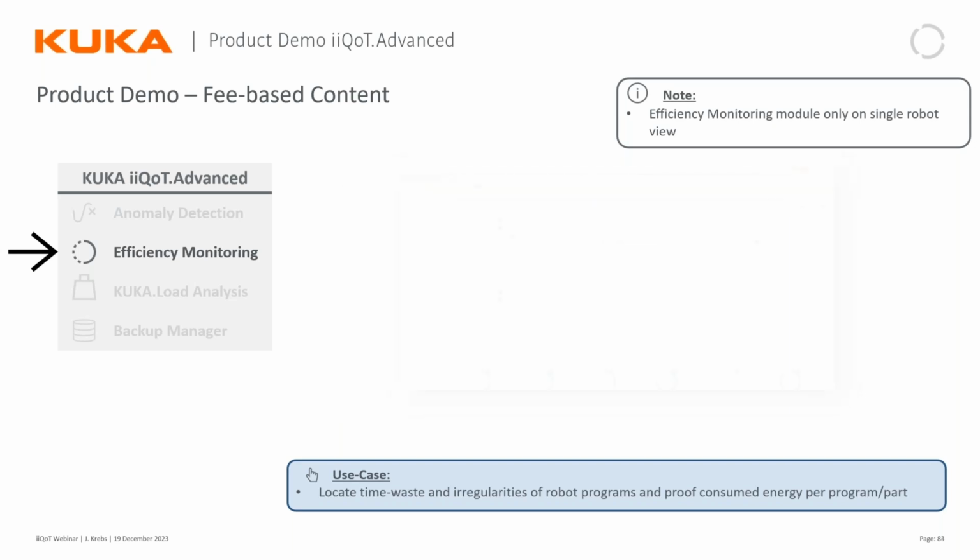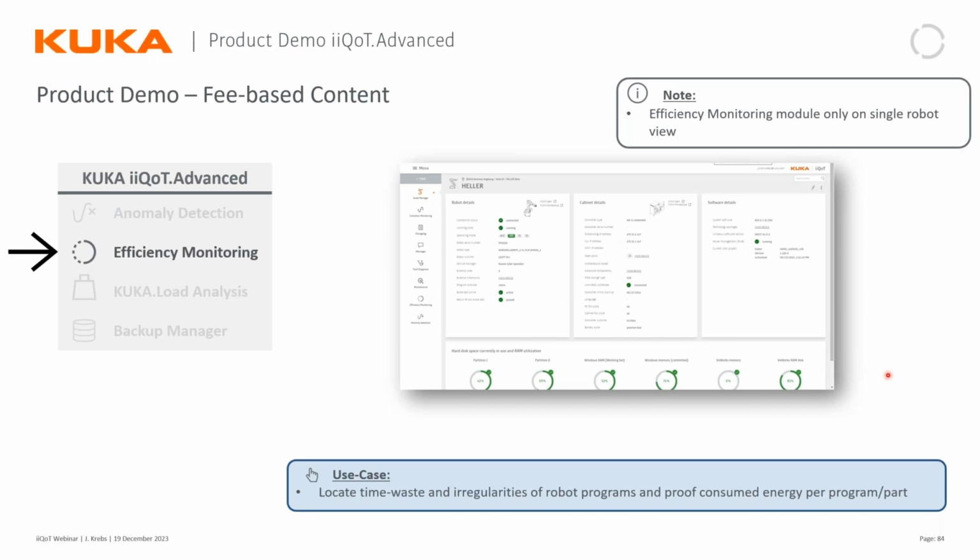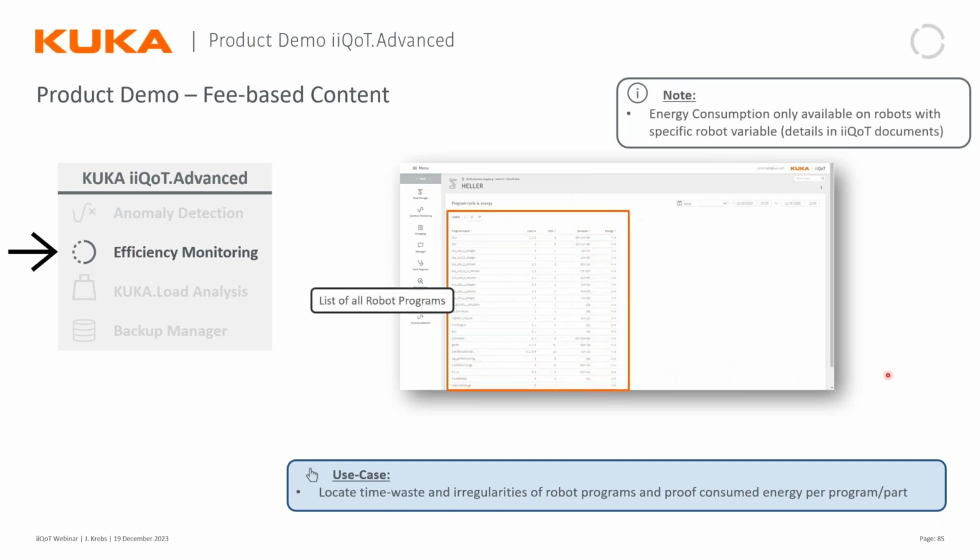We require a single asset view, and if we do that, voila, we have the module called efficiency monitoring. If I click on that, it will show me, for this specific robot, because I'm in a single robot view, all existing and called robot programs in that specific time frame. It will show me what was called and how often it was called.